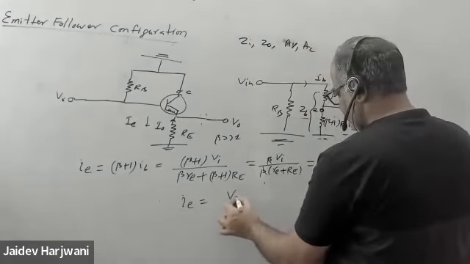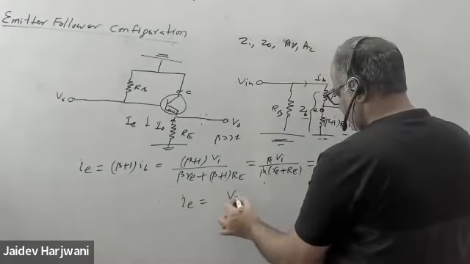So in this simple circuit you have V input here. You are applying V input, you have a resistance RE, and then you have another resistance RE. This is your circuit, and here you are taking V output. Basically you want to calculate V output here.